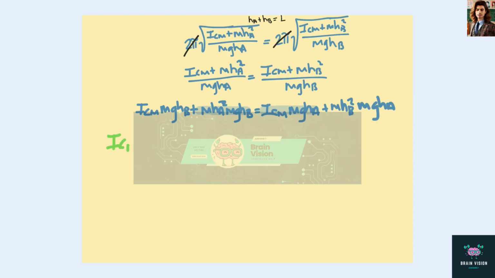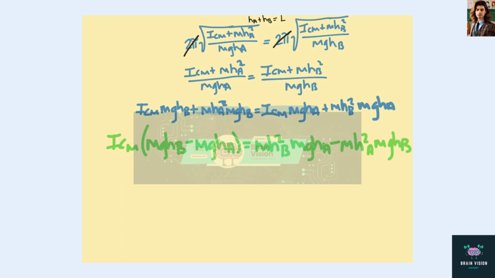I center of mass times (M G HB minus M G HA) equals M H squared B M G HA minus M H squared A M G HB.